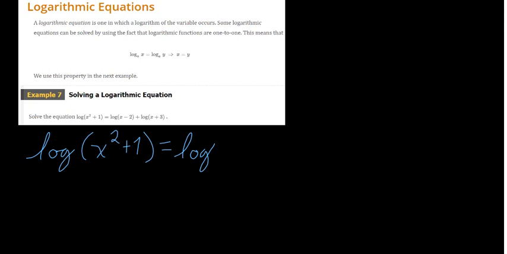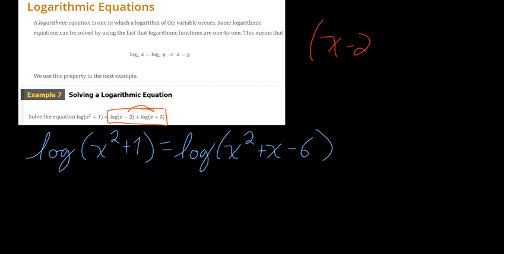It's going to be x squared, plus 3x, and minus 2x is plus x, and then minus 6. Because if you recall, if we are adding two logarithms together, then you multiply their arguments together. So I basically did x minus 2 times x plus 3 to get x squared plus x minus 6.